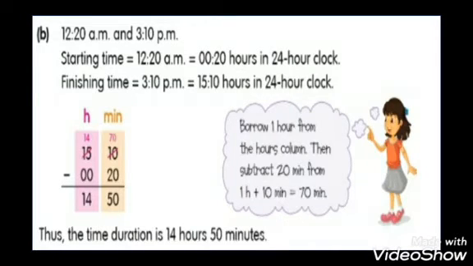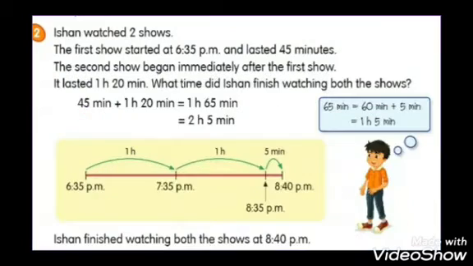So here 12:20 AM means, because it is midnight, 0:20 hours, and end time is 3:10 PM, so this becomes 15:10 hours in 24-hour clock. So we borrow 1 hour from here. This becomes 70. 70 minus 20 is 50. 14 minus 0 is 14. So the time duration is 14 hours 50 minutes.